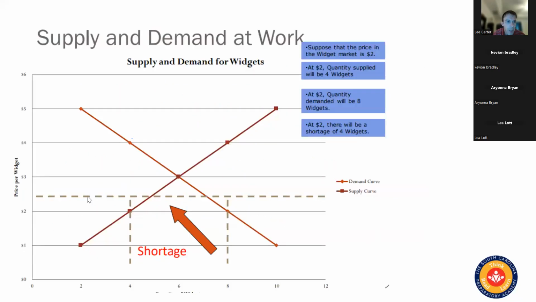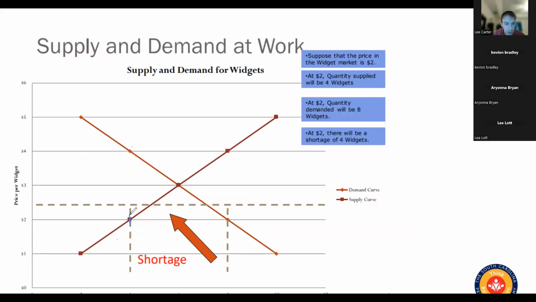So in this example, this is just showing you how these work. On this one, the quantity supplied at $2 is, actually, no, the quantity supplied is 4 there. And the quantity demanded on this curve right here is going to be 8.